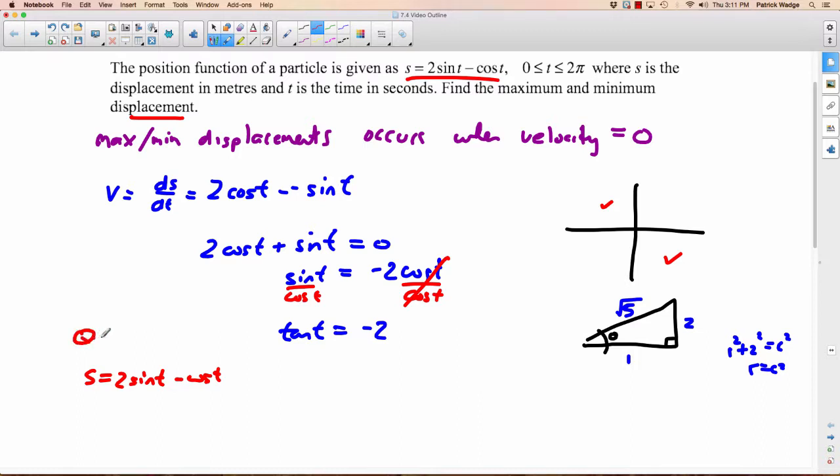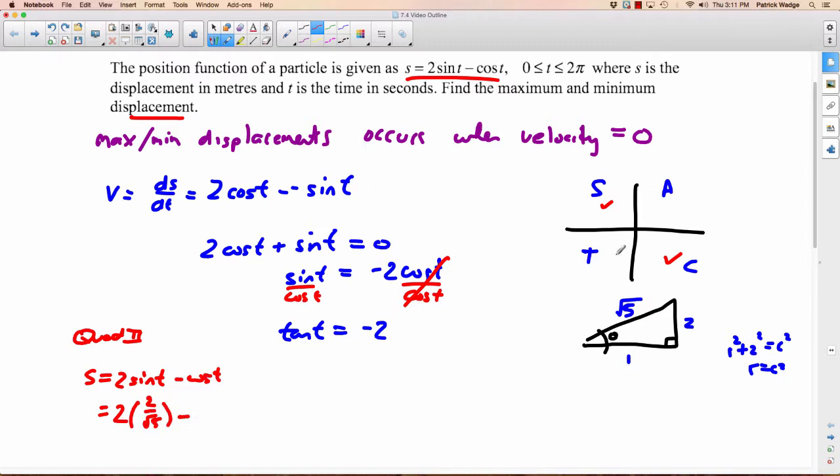So I'm going to write quad 2 here to show we're doing the second quadrant. In the second quadrant, is sine positive or negative? Well, remember, angry Serbs take creatine. Second quadrant, sine is positive. So what we have is S equals 2 times sine t, and sine is opposite over hypotenuse. It's 2 over root 5.